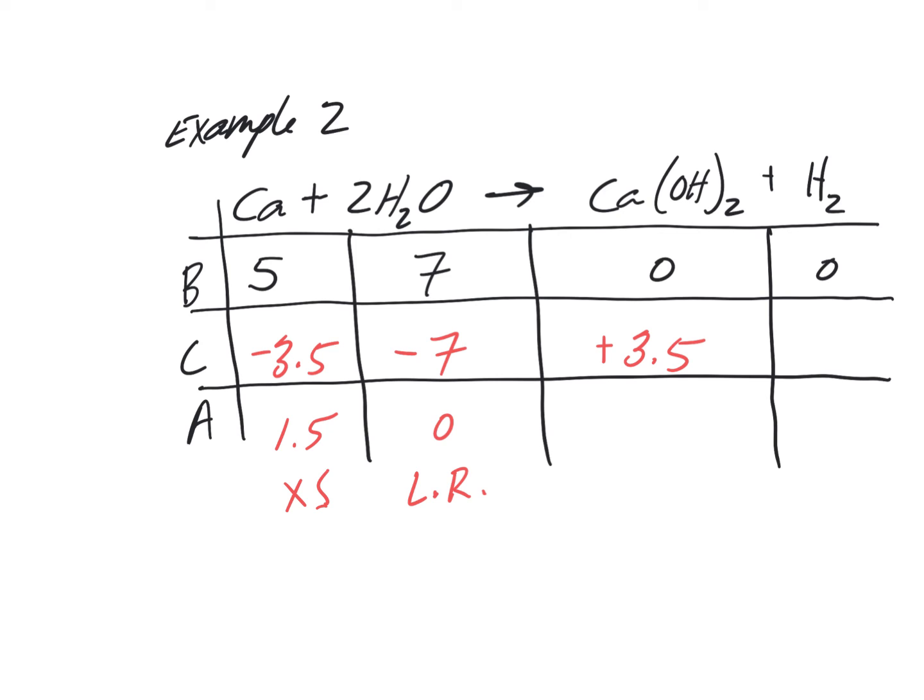For every 1 calcium that I use, I will make 1 hydrogen. So if I'm using 3.5 calcium, then I'm going to make 3.5 calcium hydroxide and 3.5 hydrogens. And that is the answer. So that's how much stuff we can make: 3.5 moles of calcium hydroxide and 3.5 moles of hydrogen.